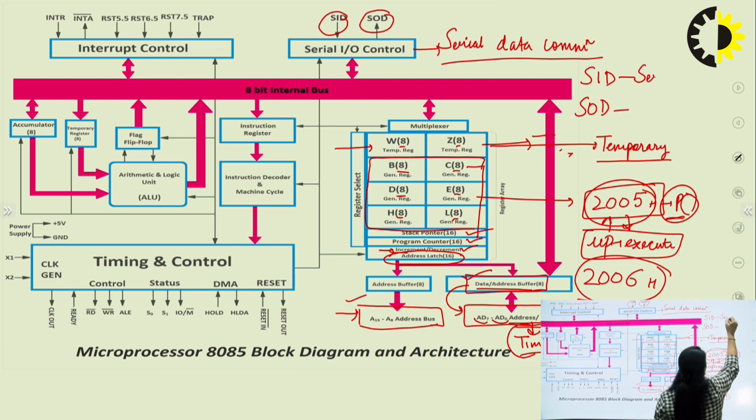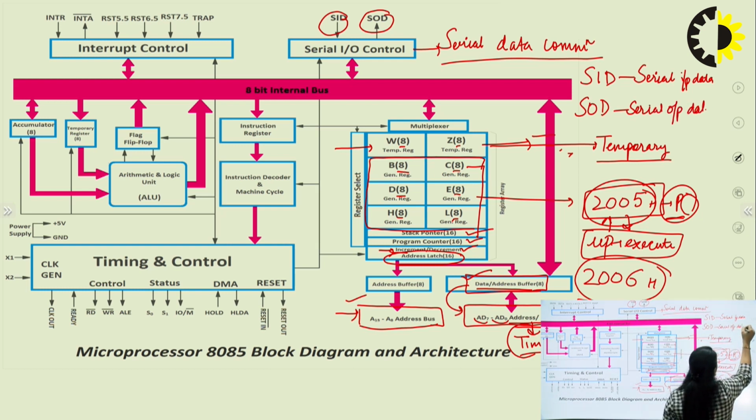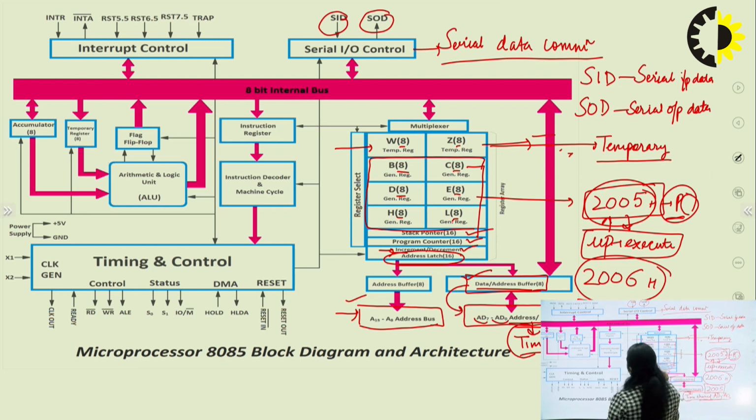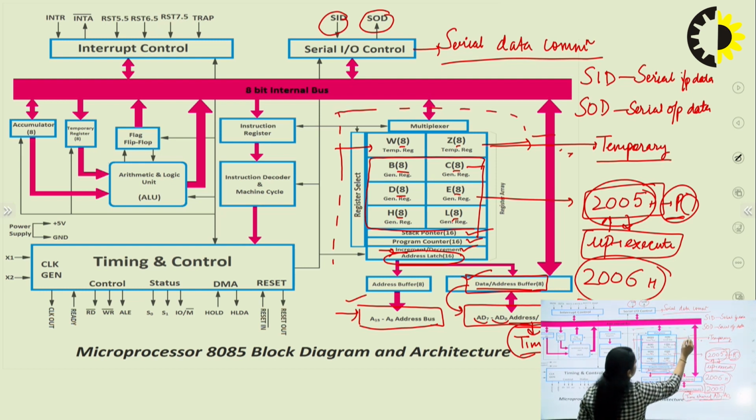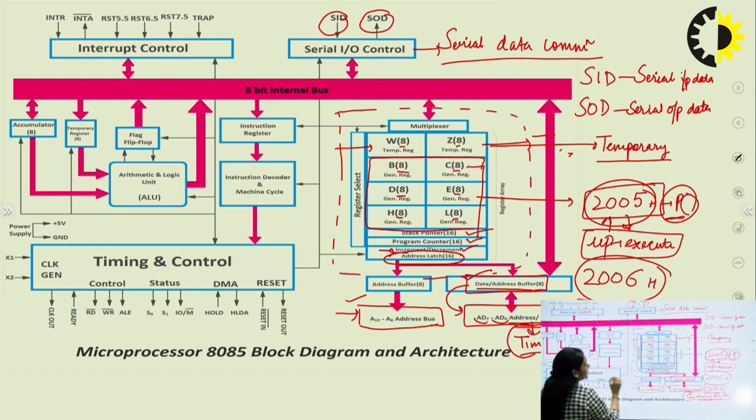This is serial input data and this is serial output data. So here this is our register group, we can say. This is our address data buffer.